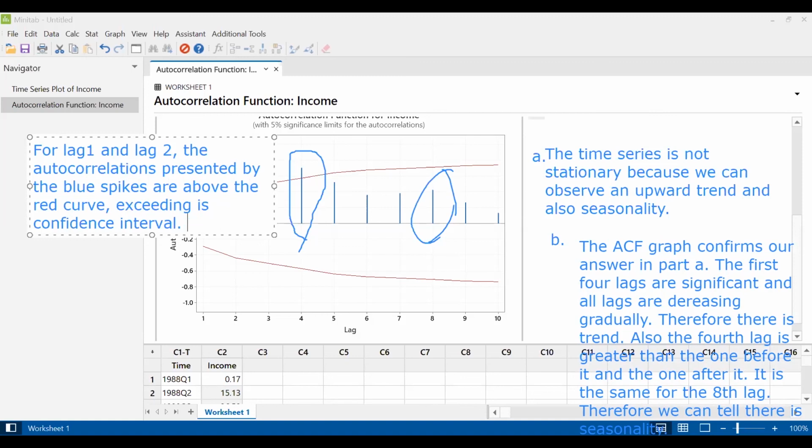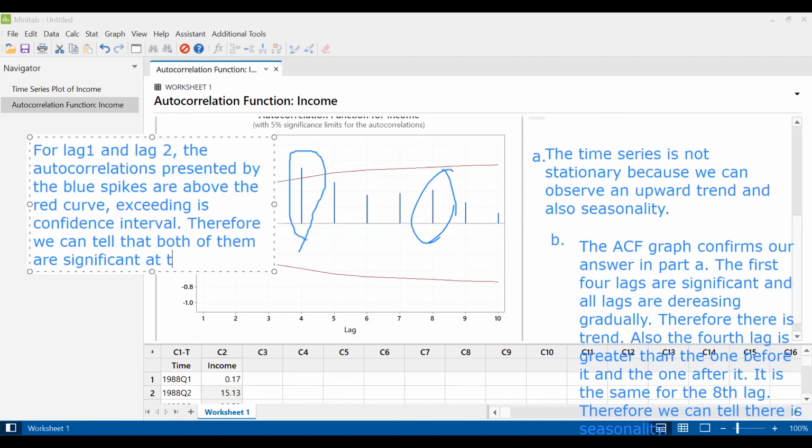Therefore, we can tell that both of them are significant at the 0.05 level.